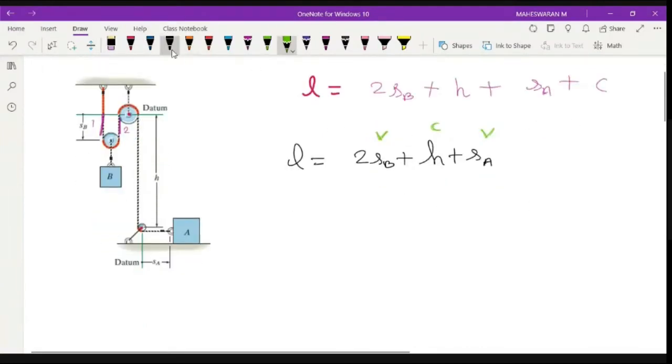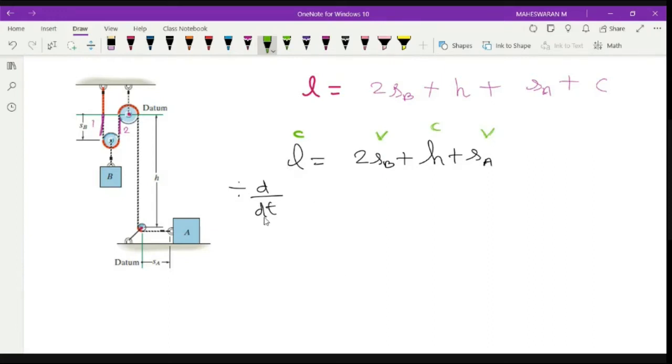Now you just differentiate this with respect to time, d by dt. The length is always a constant. The length of the rope is always the same, so even if you move the block, the length will be the same.